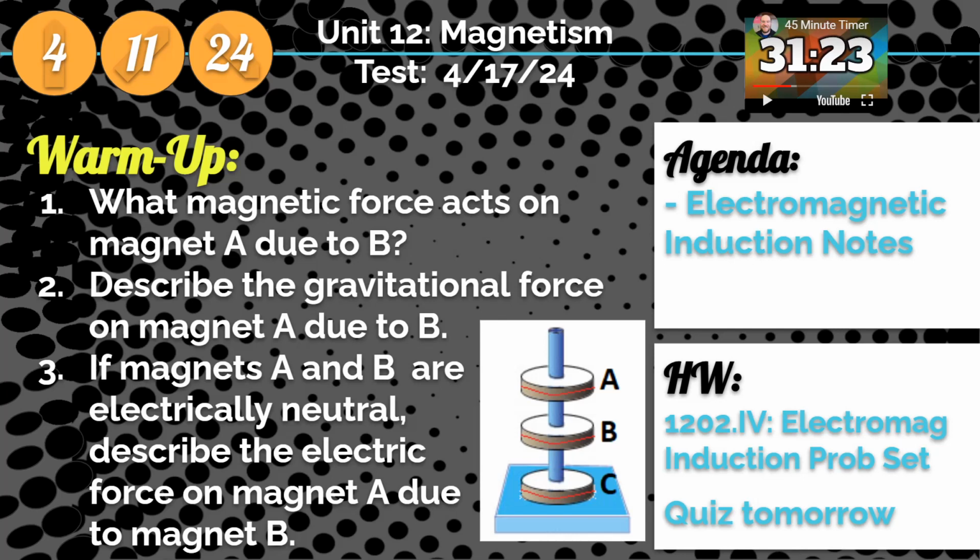It could mean that you have one object that has a negative charge and one object that has a positive charge because one of them lost electrons and the other one gained them. But in this case, it says that they're electrically neutral. And if they are both neutral, then that means that there is no electrostatic force of attraction or repulsion. So if they're neutral, they're not attracting or repelling. So that last one should be that there is no electric force acting on them.